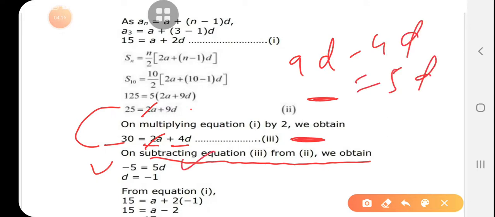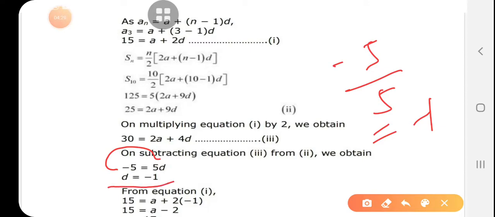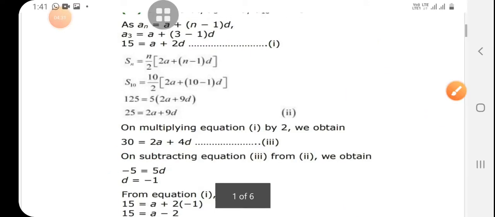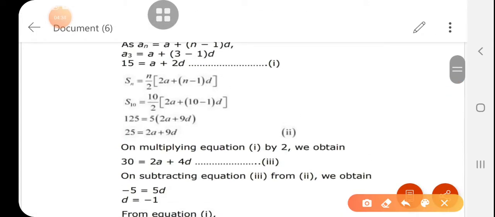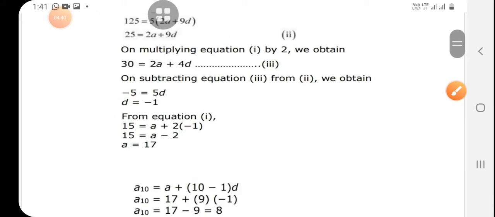So we put 5d. Now transpose 5 from right to left, then it will divide, so minus 5 divided by 5 gives minus 1, so the value of d will be minus 1. So here we found the value of d, which is a required value. Now we have to find the value of a10.